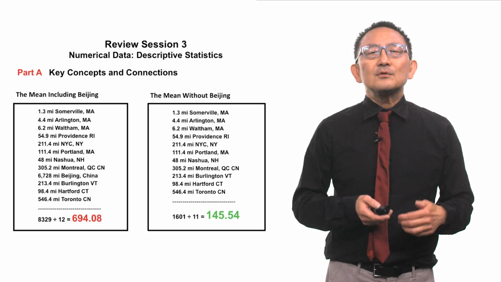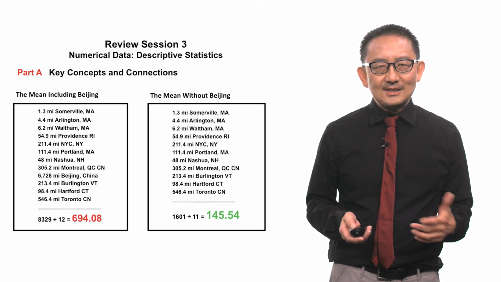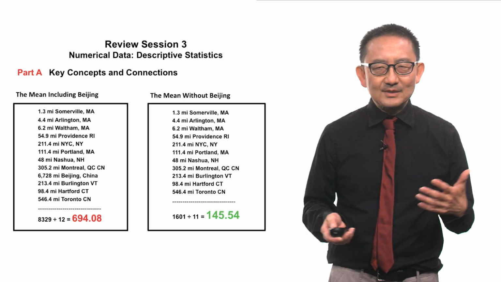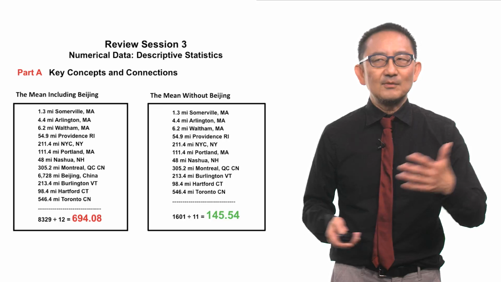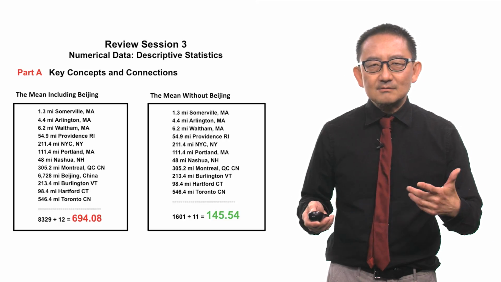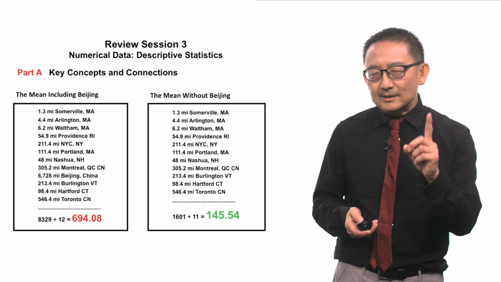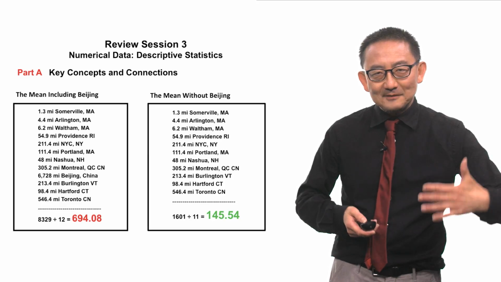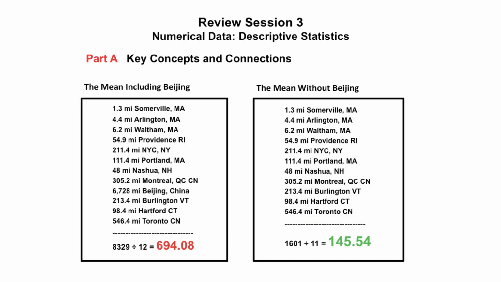So if the point of the exercise was to establish that my students are taking classes from all over the world, that's true, but really one data value is inflating the mean in a huge way. If we removed Beijing, we would say 145 miles or so, and that's respectable.